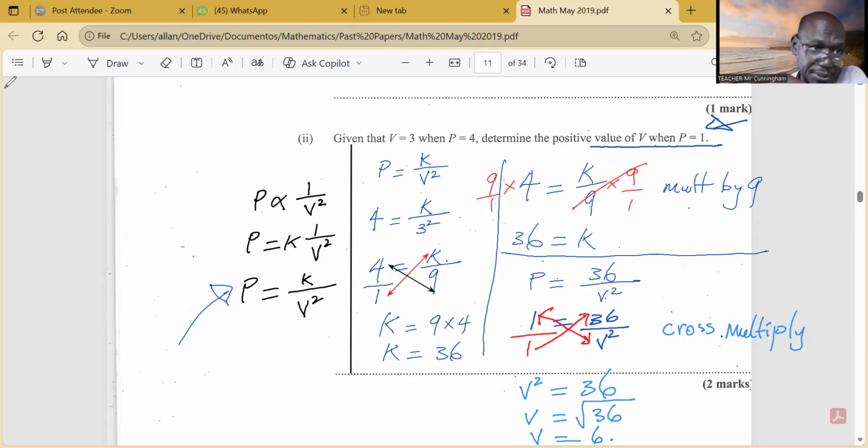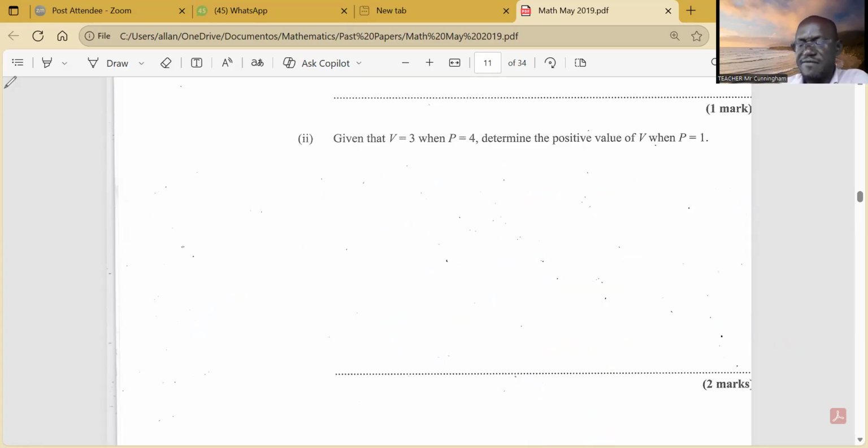Let's erase. Of course, I'm going over it, but I'm going to do it a little faster, so you have to keep up, everybody. Let's go to the top.